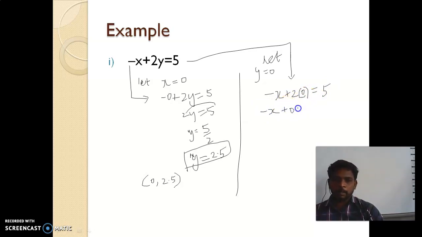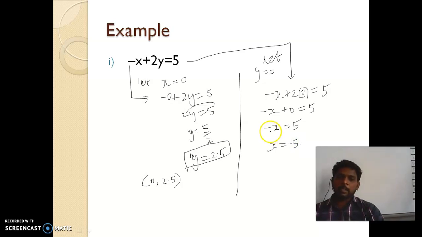So 0 equal to 5 on that side, therefore minus x equal to 5. Therefore, what is x now?